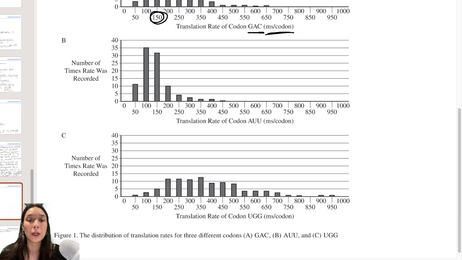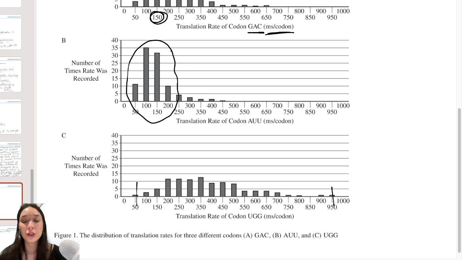If we look at B, you have the majority of the recorded events happening between 50 and 200 milliseconds per codon, which is relatively fast. And then if you look at UGG, it's much more spread out, ranging anywhere from like 50 to 950 milliseconds per codon. But on average, this one is more towards the other end if you were to average it out.